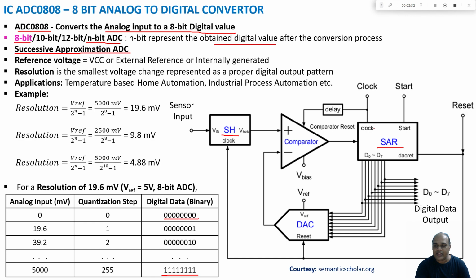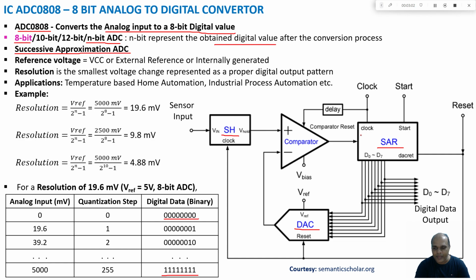Initially, the 8 zeros will go to your digital to analog converter, which will convert your digital value to an analog voltage. So 8 zeros come as an input to your DAC, and it will produce a voltage. This voltage is compared with the input sensor sample voltage. If it matches, then that 8 zeros is the corresponding output for the input voltage.